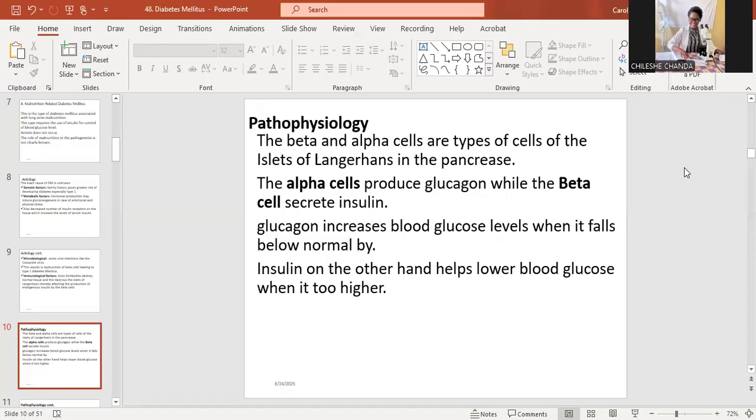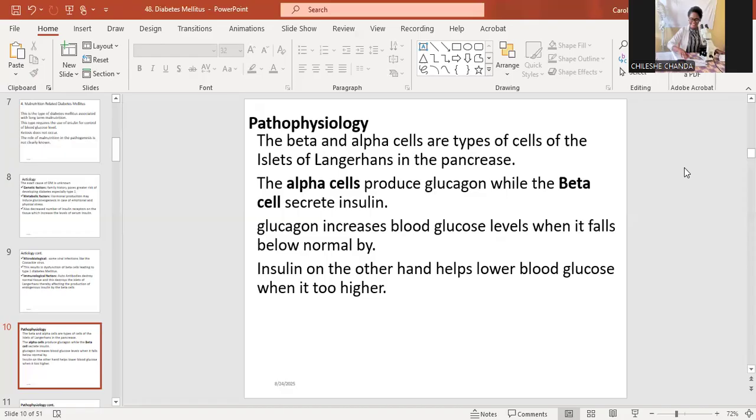That is, when an individual has not eaten, glucagon will be the one to allow for the breakdown of the stored energies. The stored glycogen will be broken down so that glucose levels will increase in the bloodstream.